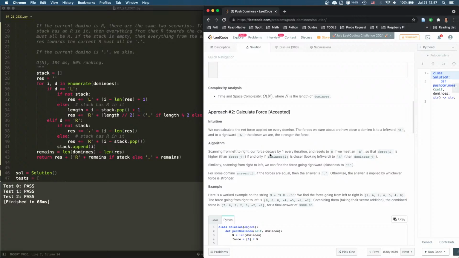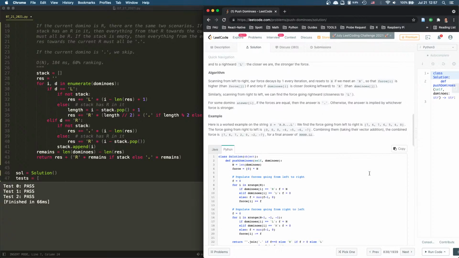Scanning from left to right, our force decays by 1 every iteration and resets to n if we meet an R. So the force i is higher than force j if and only if domino i is closer to R than domino j. You can find a force going toward L. And for some domino i, if the forces are equal, then the answer is dot. Otherwise, the answer is implied by whichever force is stronger. Oh my god.